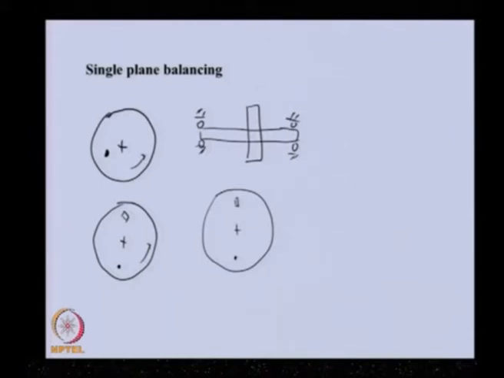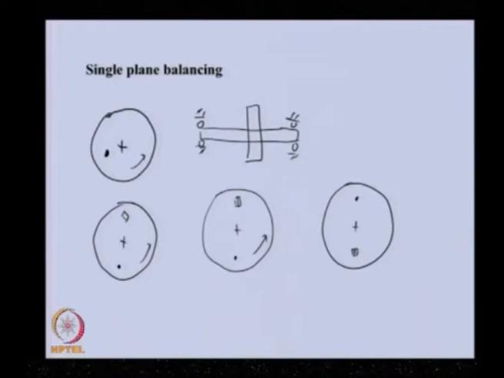We need to add some more mass. Again we give a rotation by hand and see how it stops. If it stops something like this, that means the additional mass we kept is too heavy, and because of this it is coming to this position.